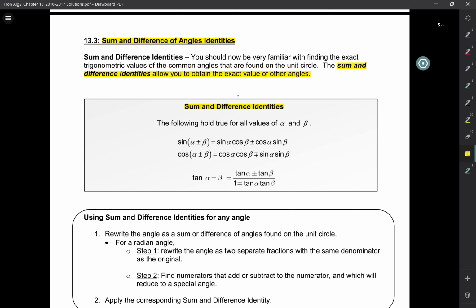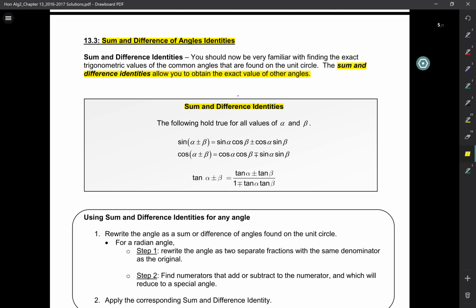Now when you have plus minus like this, and here you have minus plus, that means you can have two versions, and this is just a concise way of writing two different formulas. So one version is sine of alpha plus beta is the same as sine alpha cosine beta plus cosine alpha sine beta.